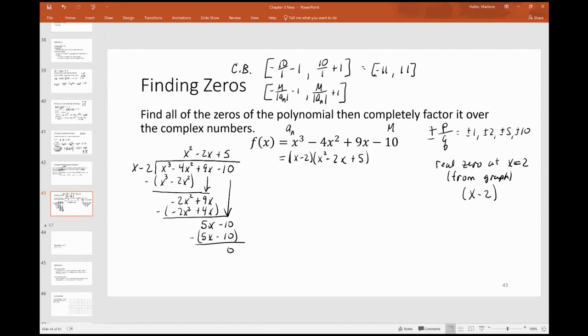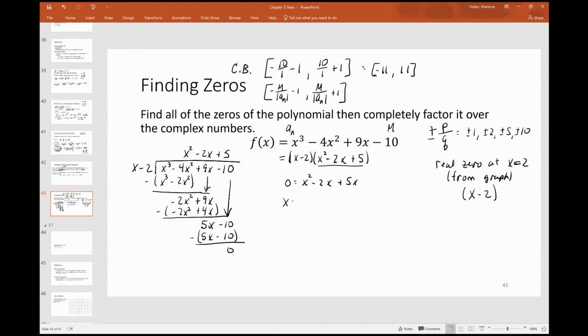I can see that that isn't going to factor any further. So to find the remaining zeros, I'm going to have to set that trinomial equal to 0 and solve. Since that happens to be quadratic, I know that I can use the quadratic formula on it.